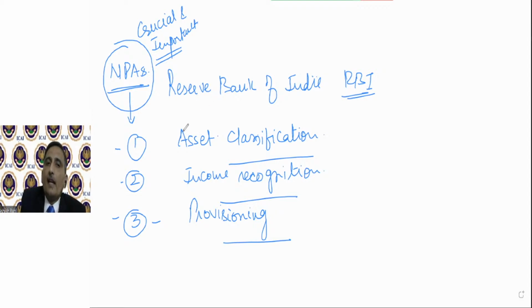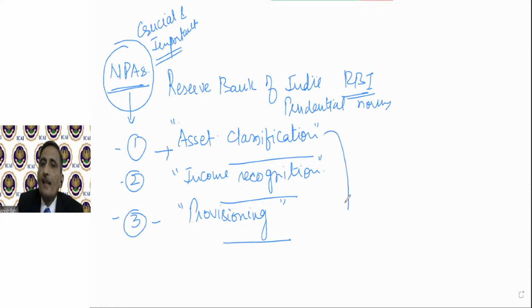There are RBI guidelines, prudential norms. Prudential means wise norms, which a wise person has to follow. Prudence, you have understood the concept of prudence in accounting. So there are prudential norms of RBI pertaining to asset classification, pertaining to income recognition and pertaining to provisioning.